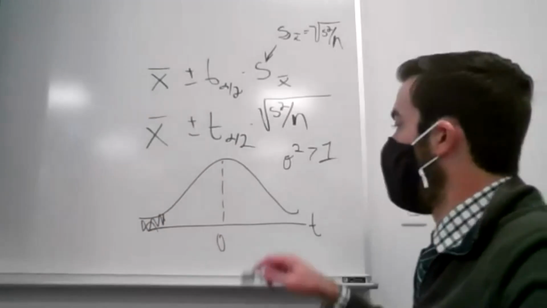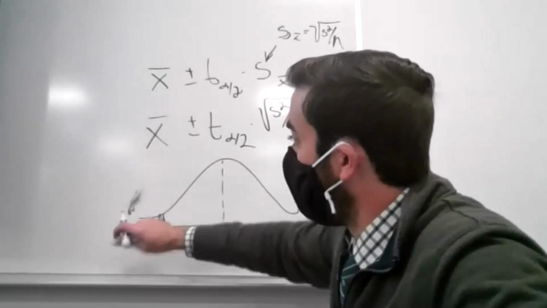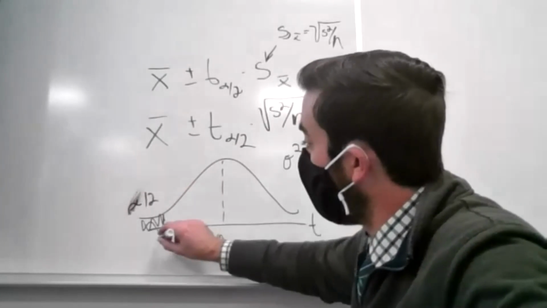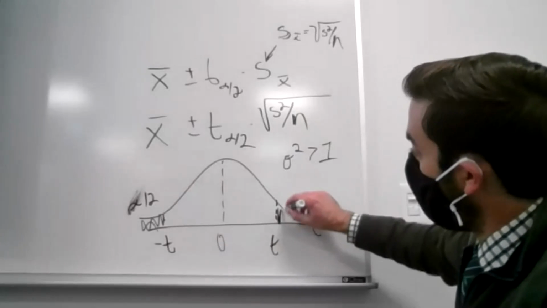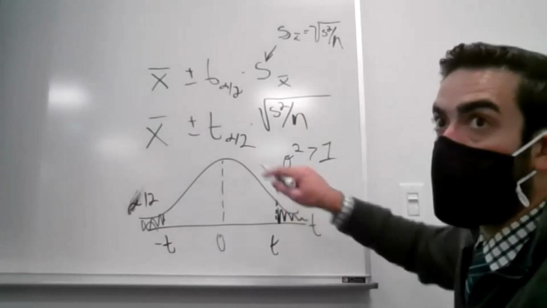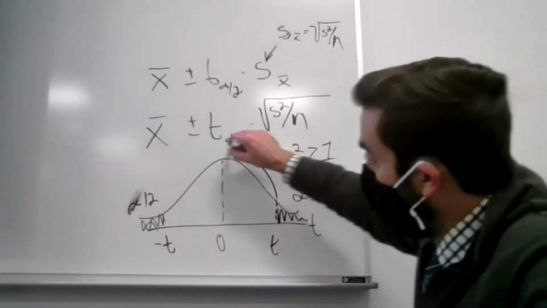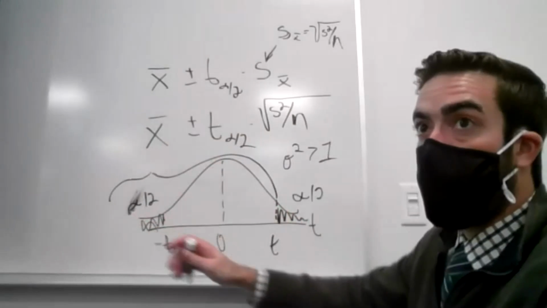Now, let's say if there was, well, I'll keep it general. Let's say if there's alpha over 2 here, if I were to want the t value that gives me alpha over 2 in the upper right tail, when I go to Excel, I would actually not want to tell it alpha over 2, but 1 minus alpha over 2, right?